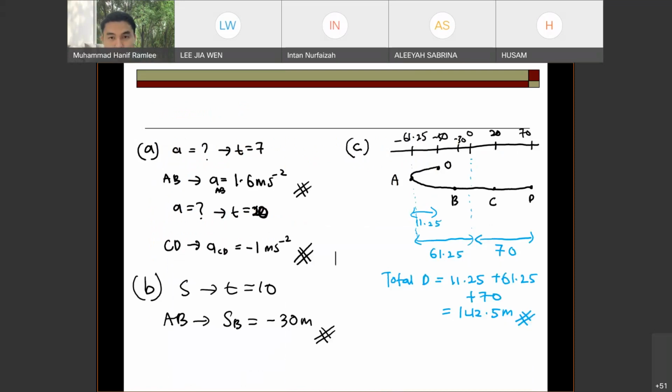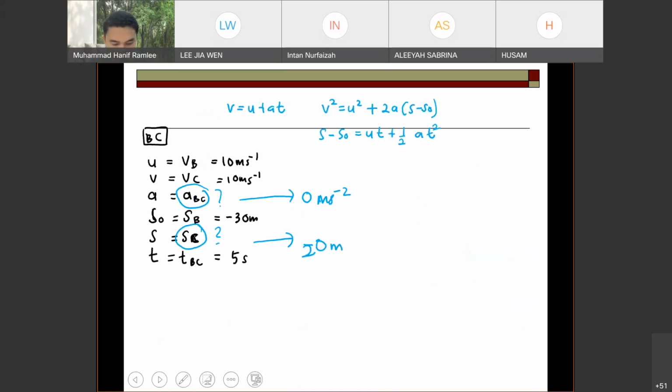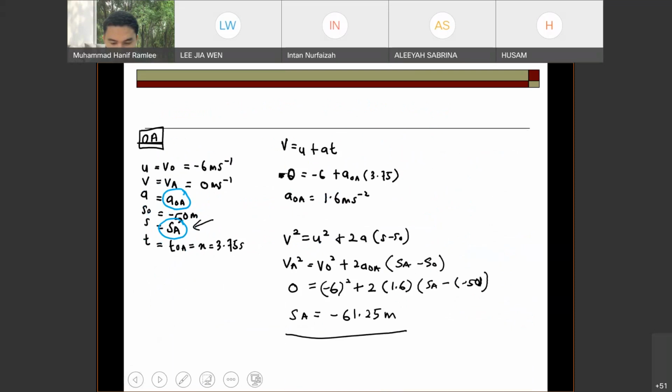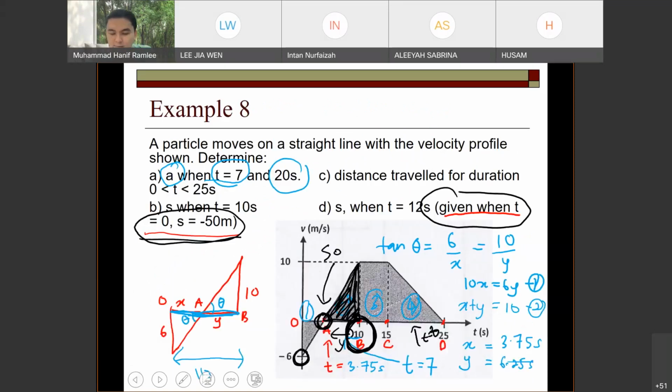So the last one is D. Where is the question? One moment. D: you have to determine S when T equals 12. 12 is located at the third region here, so you can get the answer from the BC region.